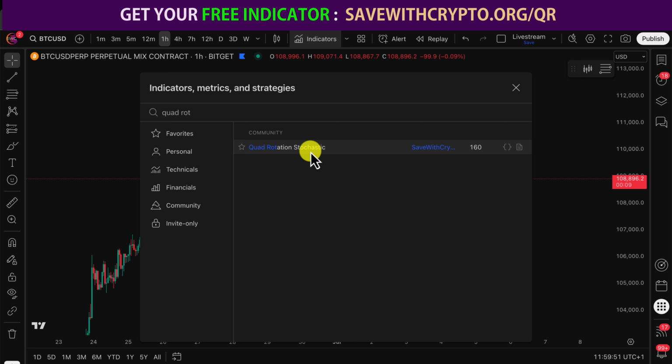Now I did try to rename it yesterday to Quadzilla, and the way it's worked out is the actual indicator is called Quadzilla, but the page it's on is called Quad Rotation Stochastic. I'm afraid that's how it's going to be for the time being, because I don't know how to change it on TradingView.